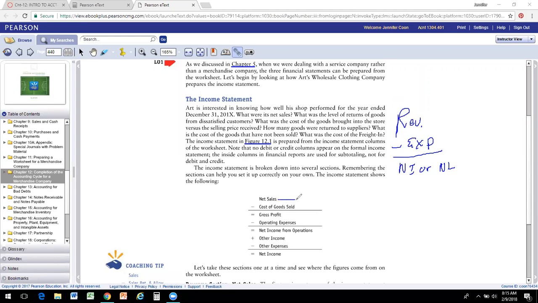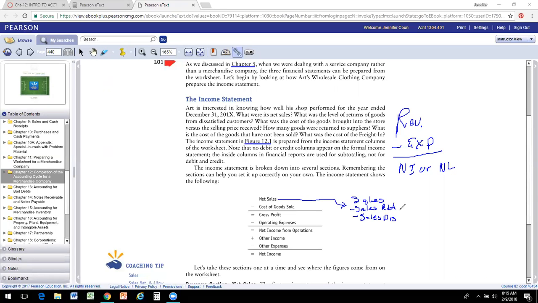So we're going to say net sales is sales minus sales returns and allowances minus sales discounts. So that makes up your net sales.